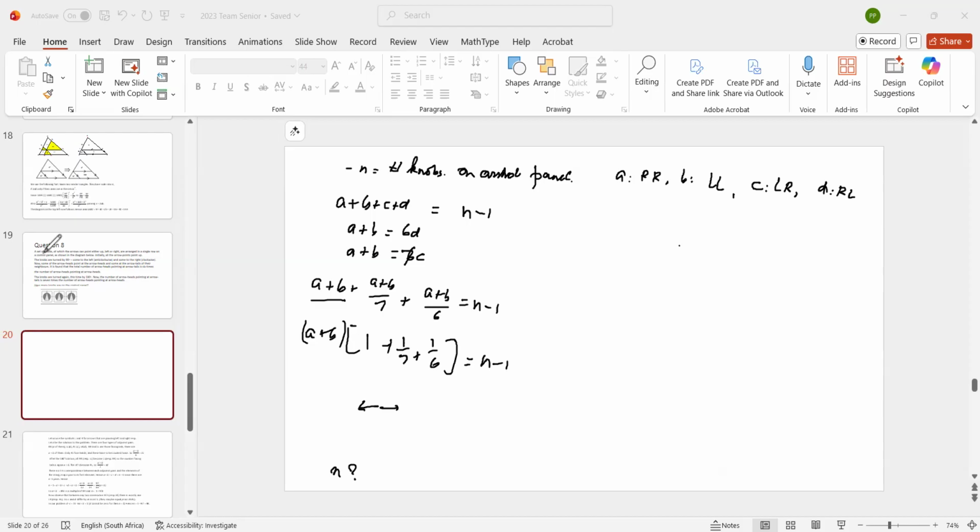And when you take that fraction and simplify it, you get a common denominator of 42. So here you have 42 plus 6 plus 7 equal to n minus 1.